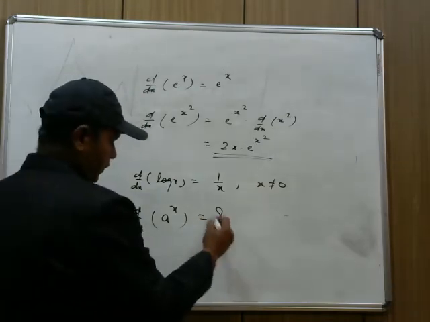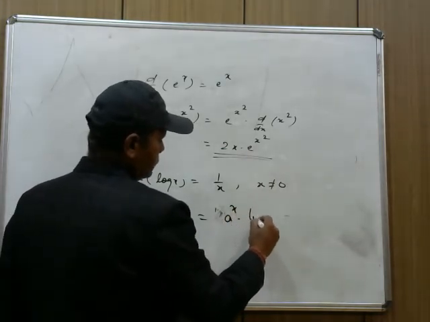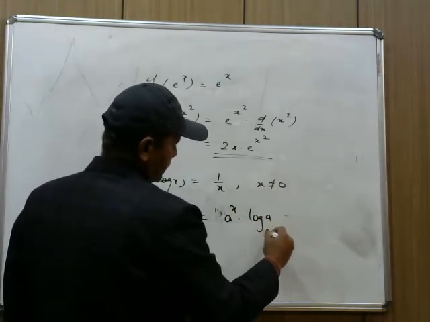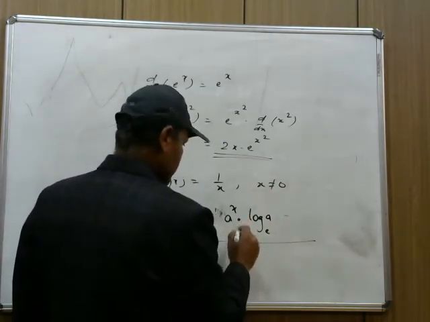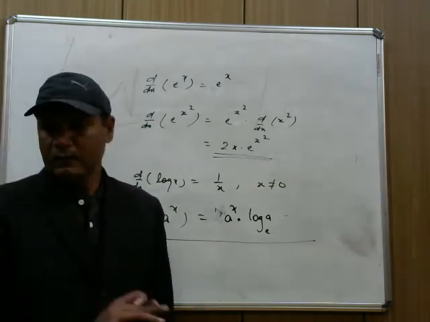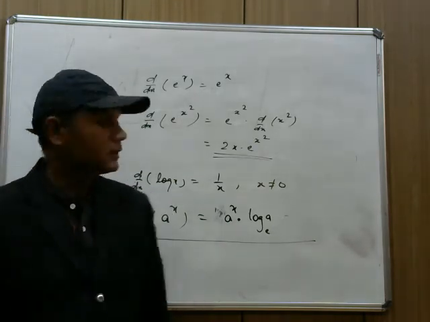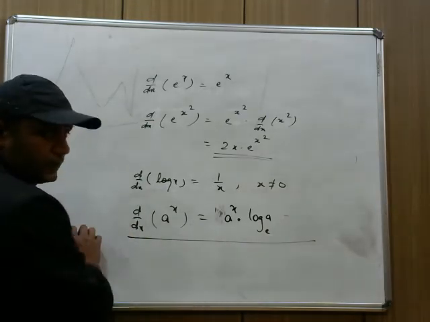I will show you what to do. By the way, write the real answer. This is a to the power x into log of a to the base e. Differentiation of a to the power x is equal to a to the power x into log a, right? I will show you how it is coming.